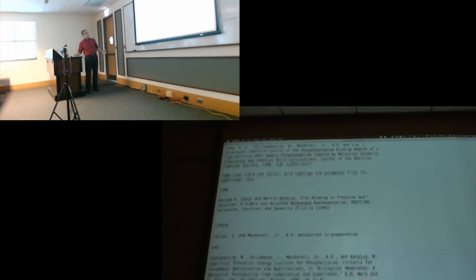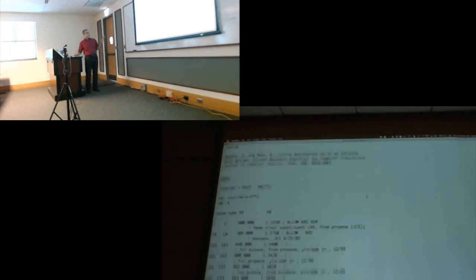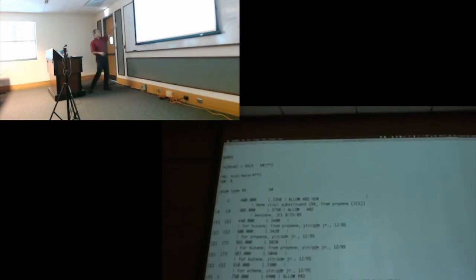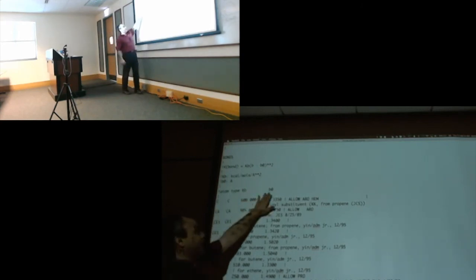And in the parameter file now, you can imagine I have all the information. Let's say the first section is bonds. It reminds you of the form of the potential and the units, kcal per mole per angstrom squared, and angstrom. Then for every pair of atom types that might be bound together, you have the force constant and the equilibrium value.